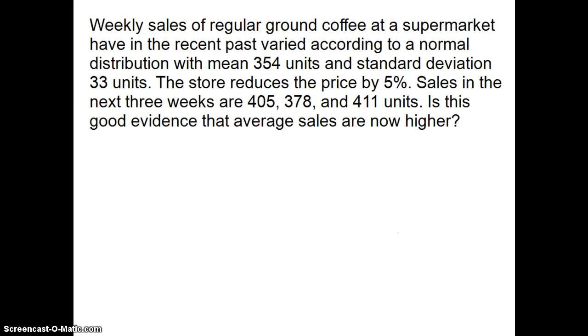Well, we need to unpackage this question of, is this good evidence that average sales are higher? What this is in effect asking is, is the data that we're observing sufficient to reject what we believe to be the status quo of what weekly coffee sales are? That status quo is also known as the null hypothesis, what we believe to be true in the everyday scheme of things.